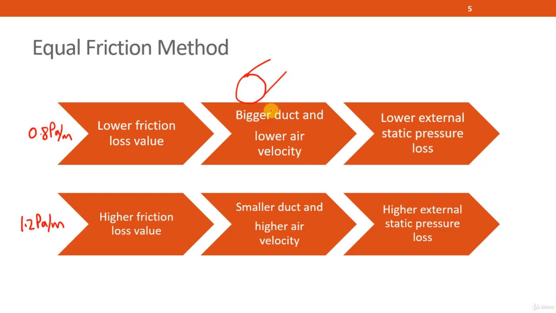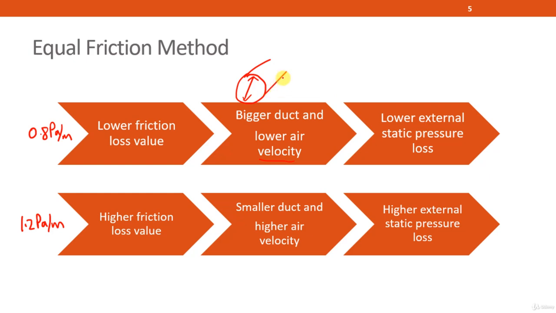However, the air velocity will drop, because the bigger the duct, the smaller the air velocity due to conservation of mass. And because of the lower air velocity, the static pressure loss will be lower. So it makes sense to choose a lower friction loss value. But the reason we don't do that is because the duct size will have to be much bigger.